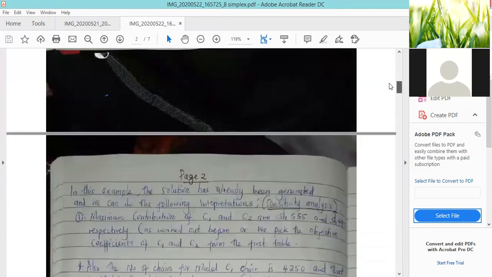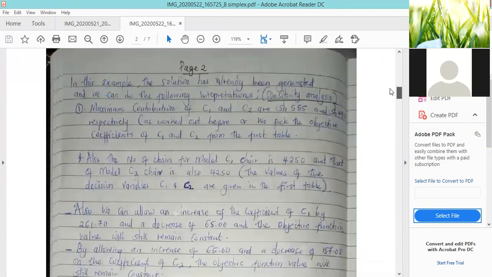After we formulated the LP, in my computation, page 2, I was interpreting the figures that were given, but I wanted us to see the comparison we can make from the simplex method. What is the contribution per unit of, let's say, C1 and C2 chairs? And these are the figures given as the objective coefficients.